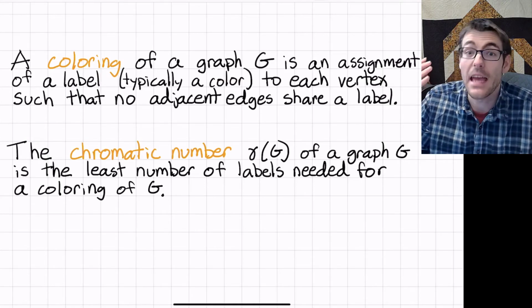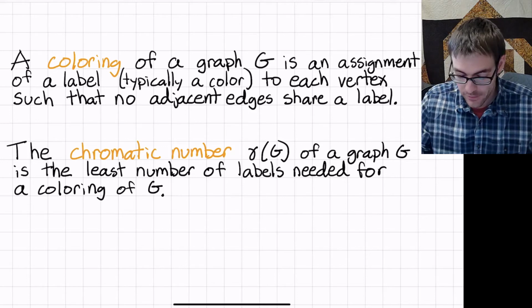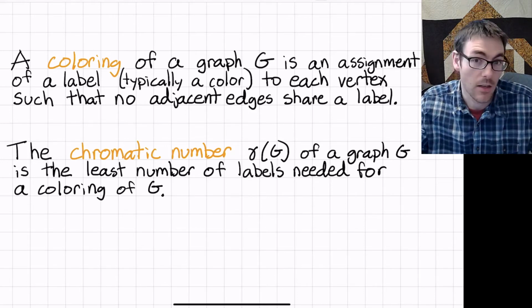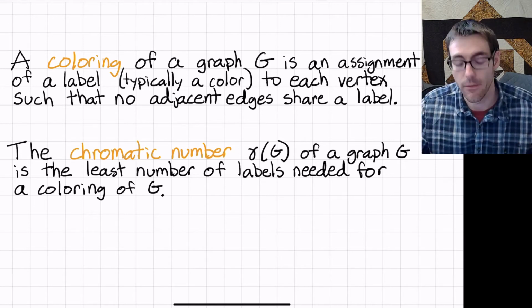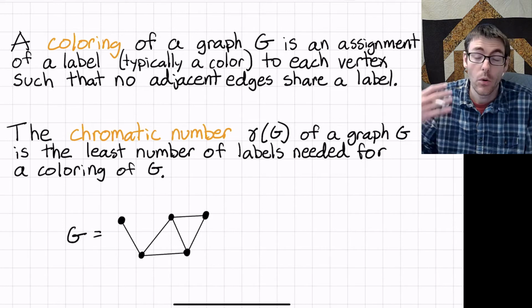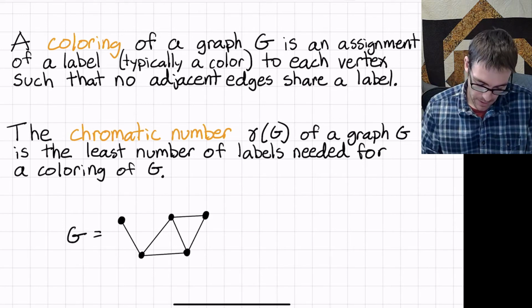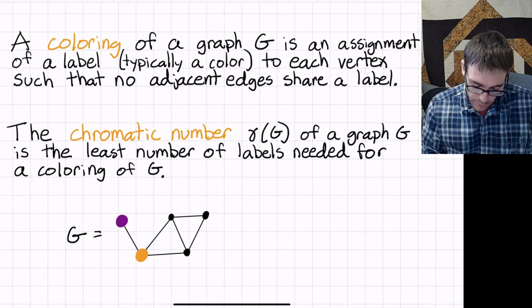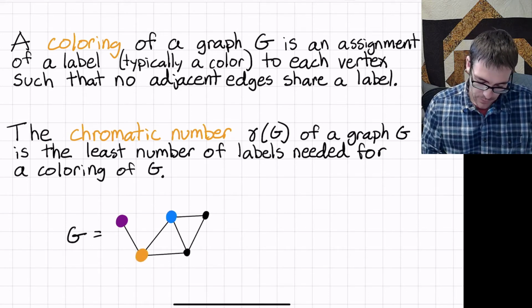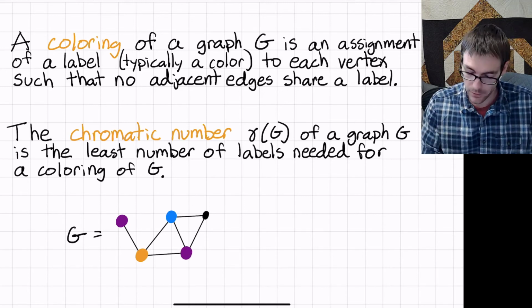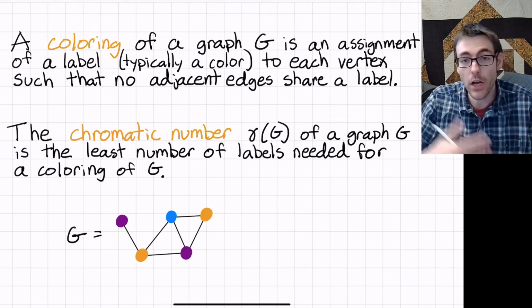We'll say that a coloring of a graph is an assignment of a label, so think of this as a color, to each of the vertices of a graph. So if we have a graph like this one here, we can start coloring it by labeling each vertex with a color, with a label, and as long as we follow the rule that if we have two adjacent vertices, they have different colors, we can generate a coloring.